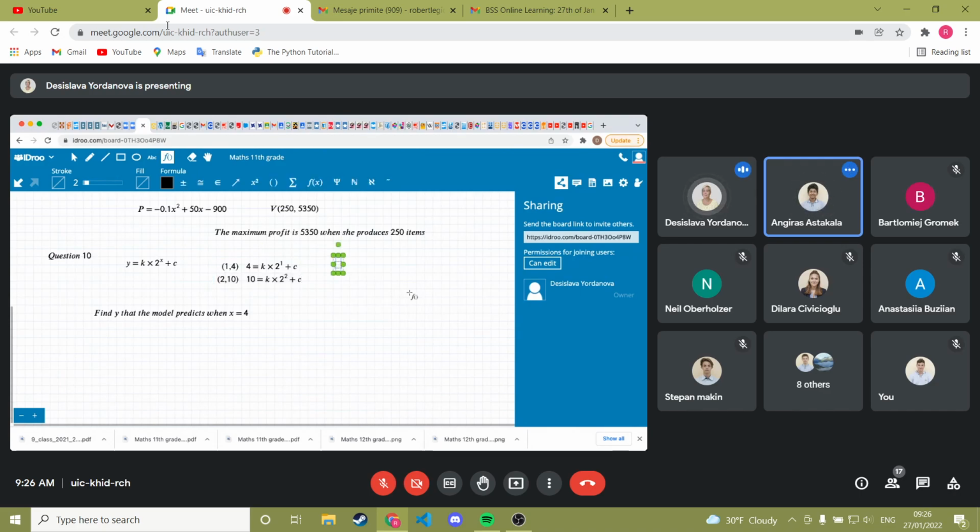So for the first one, we get 2k plus c equals 4, and 4k plus c equals 10. You can use your calculators to solve them or just solve them by hand. It's up to you. Be careful what your calculator wants you to do, to move the 4 and 10 or not to move them.